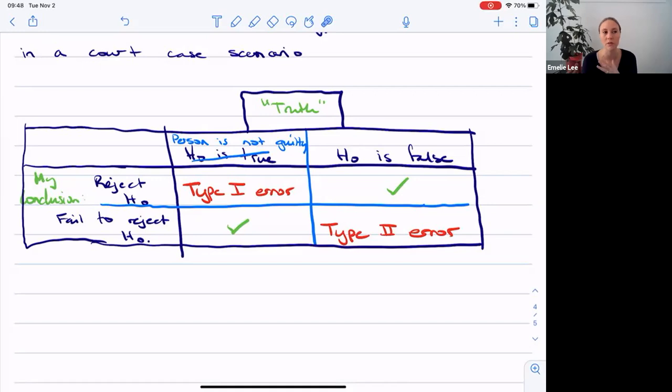We have to assume that they're not guilty until we have proof otherwise, and so that's going to be our H naught. And if that's false, then we would say that this person is guilty. Here, if I reject H naught, then I'm saying that the verdict is that they're guilty, right? Send them to jail.